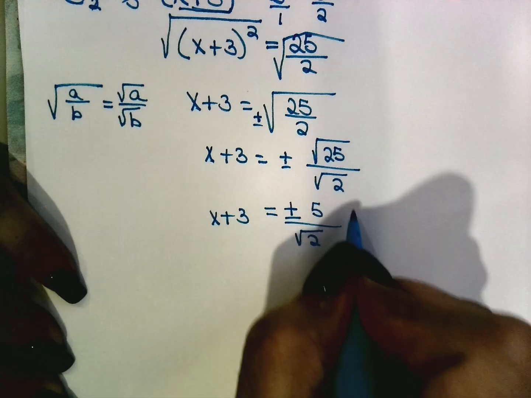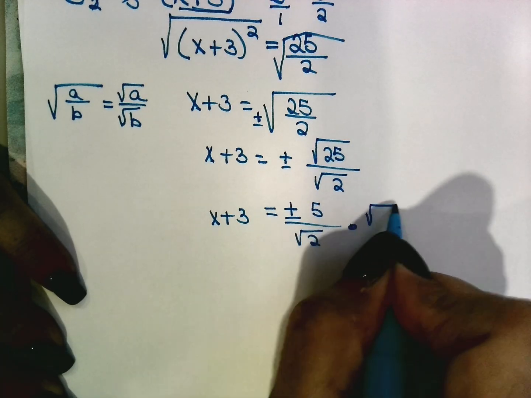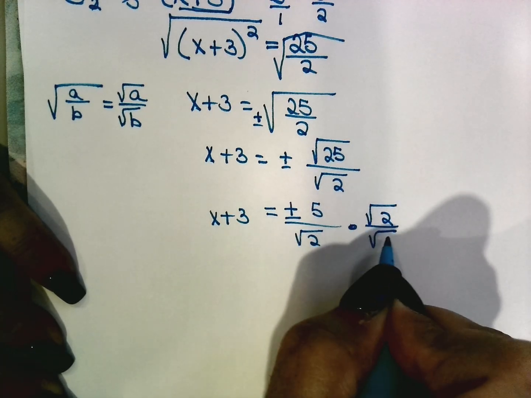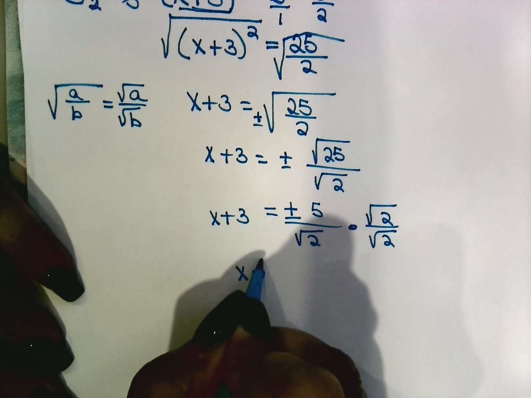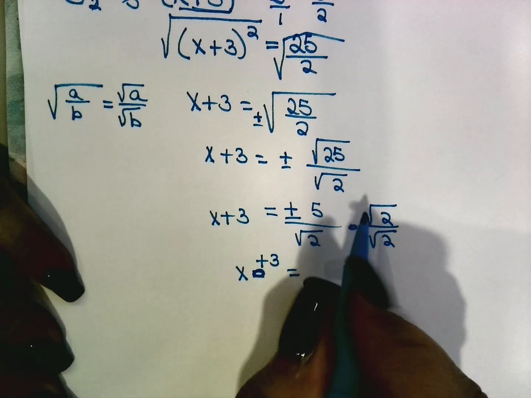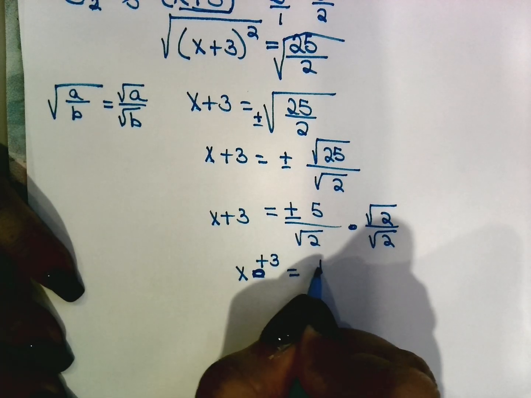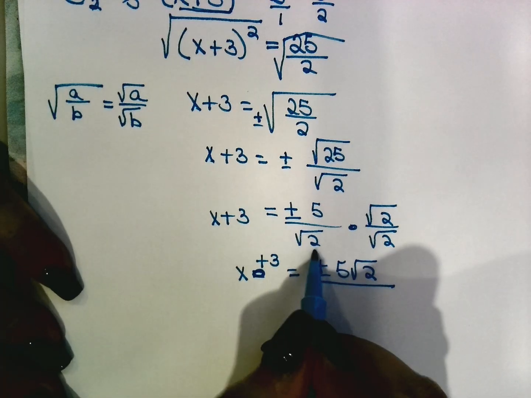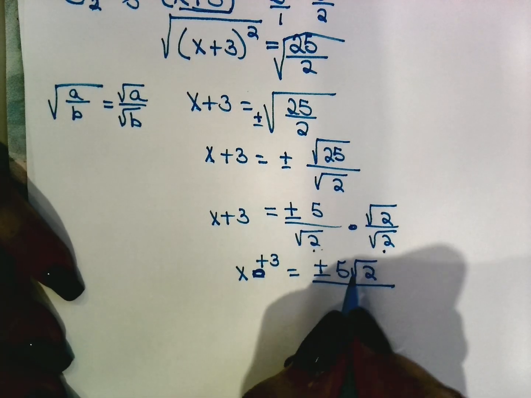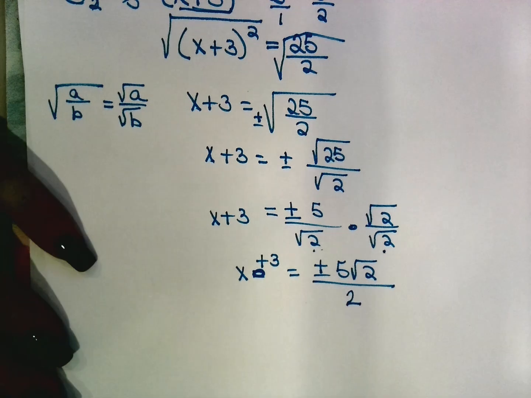We want to rationalize the denominator, so we're going to multiply by the square root of 2 over the square root of 2. This will give me plus minus 5 square root of 2 over, and then the square root of 2 times the square root of 2 is the square root of 4, which is just 2.